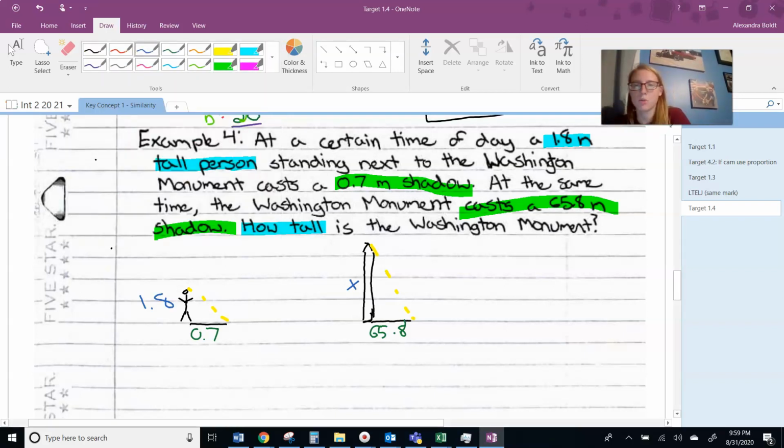So what we have here is really, again, I can start with my variable. So I have x over 1.8. And so if I started here with x, I need to start here with 65.8 over 0.7.